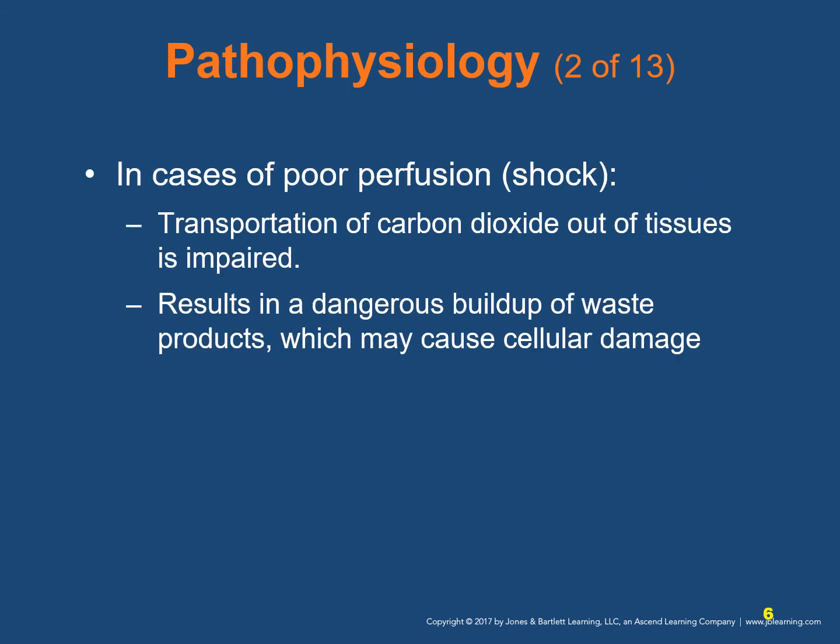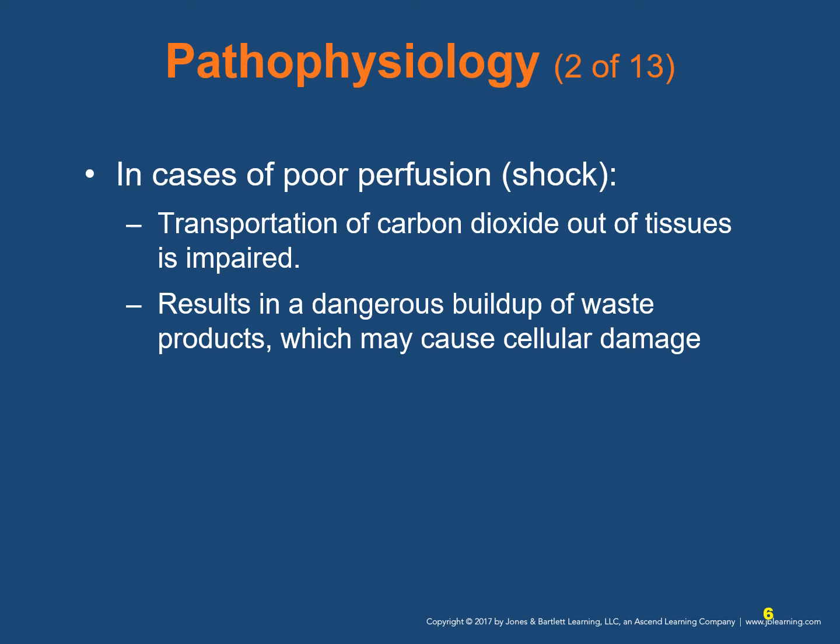Each time you take a breath, the alveoli, which are microscopic, thin-walled air sacs, receive a supply of oxygen-rich air. Oxygen diffuses through the walls of the alveoli into the bloodstream and attaches to hemoglobin circulating on red blood cells. If oxygenated blood is not properly circulated, cell death may occur.